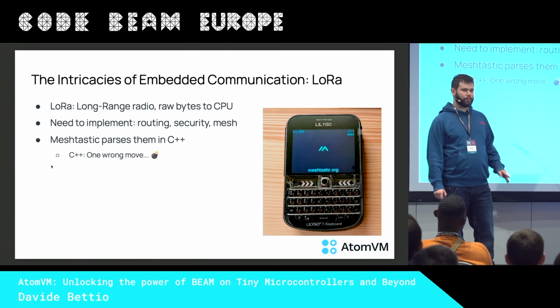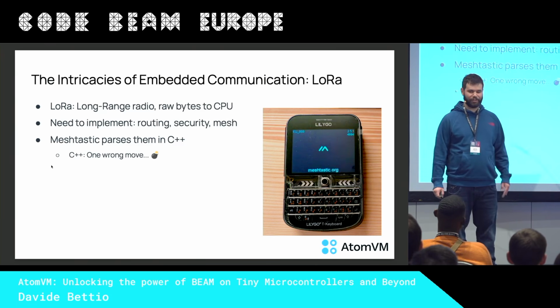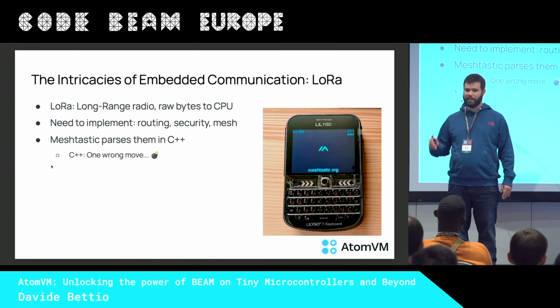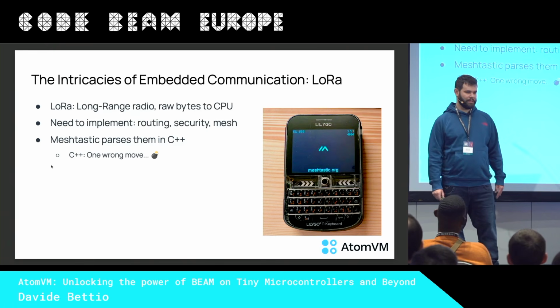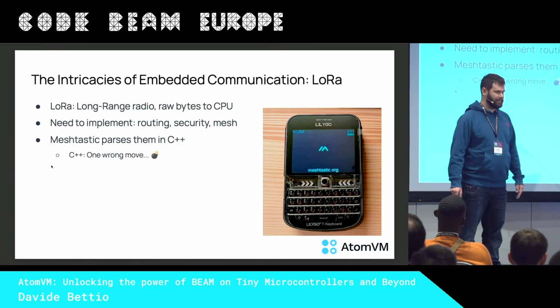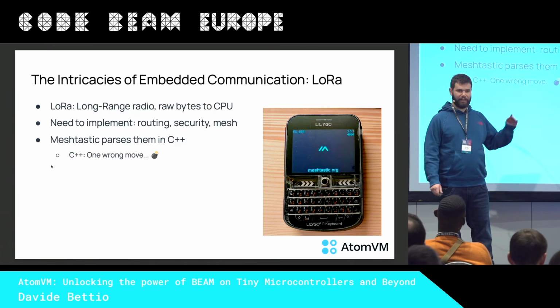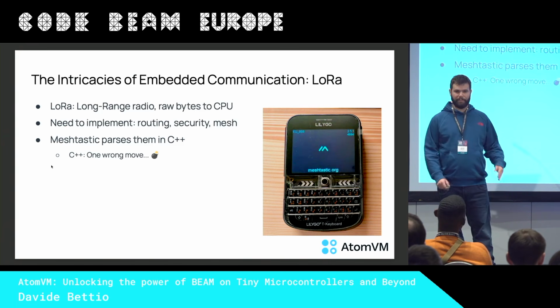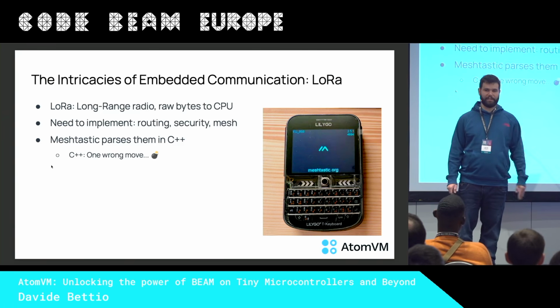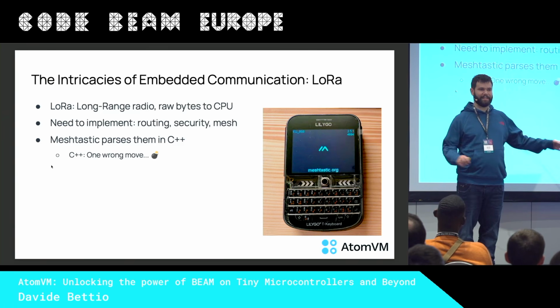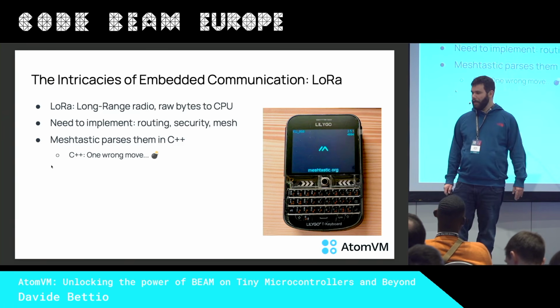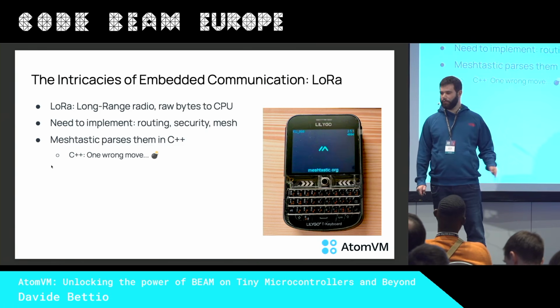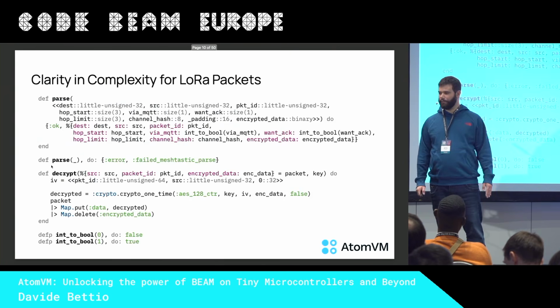If you look at the source code, it's a huge code base written in C++ that runs on that limited hardware. I mean, that device is an Espressif 32, the one that I showed you before. Those developers didn't have any other option than writing a lot of C++ code. But let's think about what we can do in Elixir just for a moment.